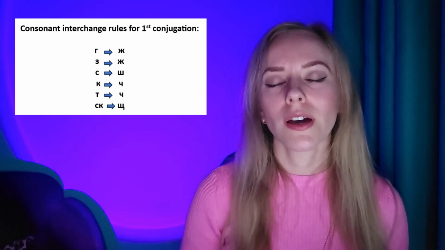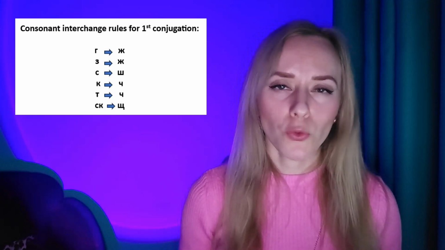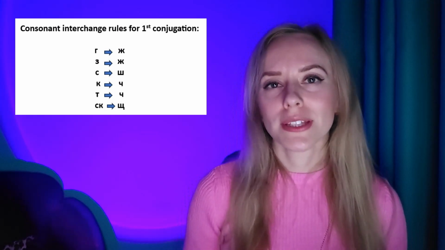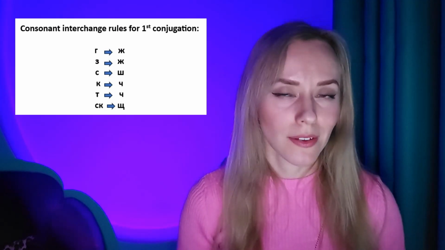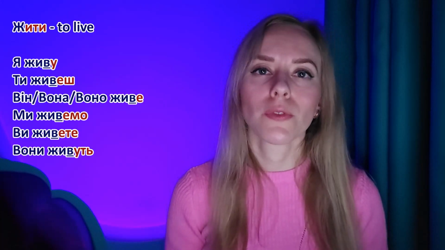There is some rule when we change these consonants. You can see this and it can help you to conjugate. There are also some exceptions where we conjugate verbs according to first conjugation with ending ити. For example, verb жити.